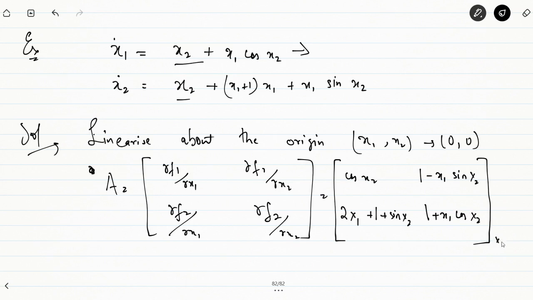Fine. So where x1 is equal to 0, x2 equal to 0.